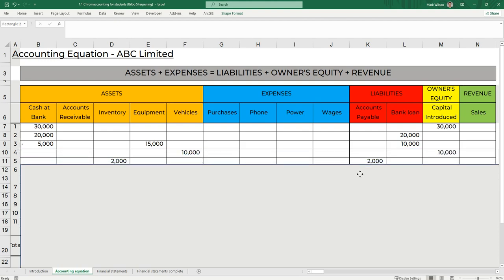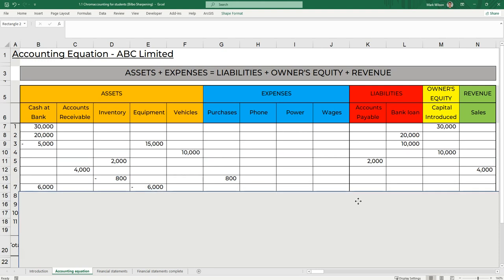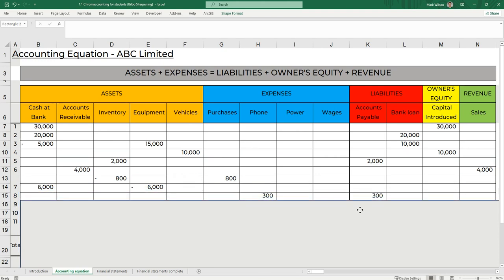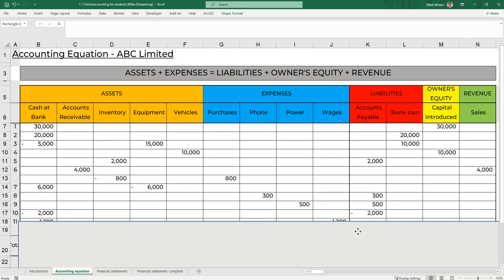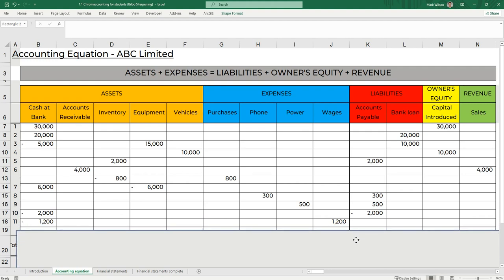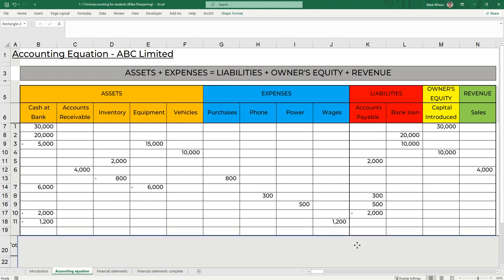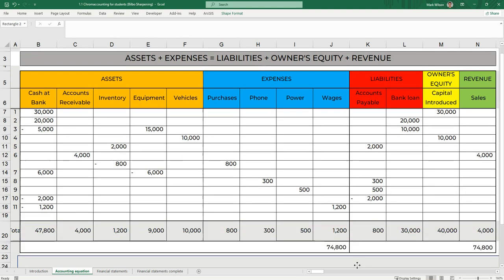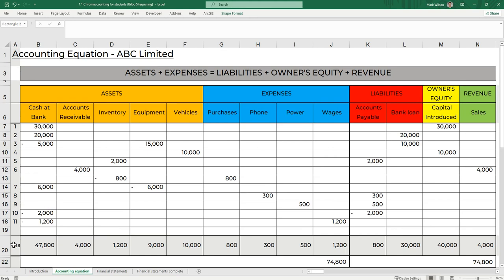And as we're learning, we'll go through all of these different types of transactions that we have: buying equipment for cash, getting a phone bill, paying wages, and all of those transactions will eventually come to a total. So the total of cash at bank is $47,800. That's all of these transactions combined. Some money coming in, some money coming out, depending on whether it's a positive or a negative number.